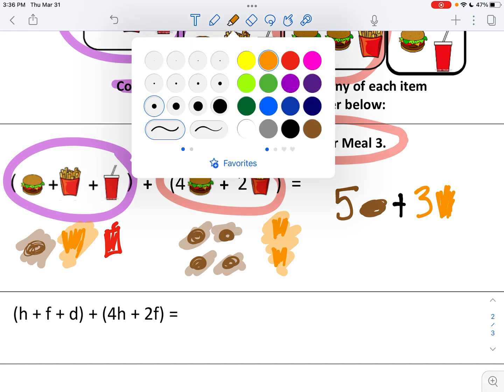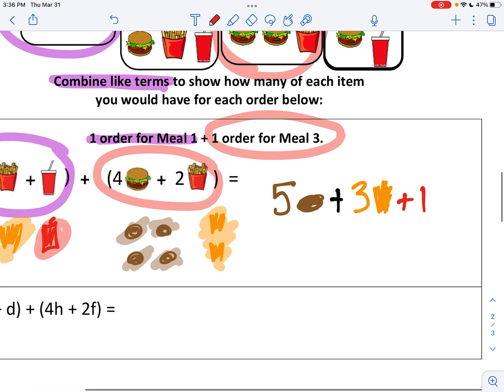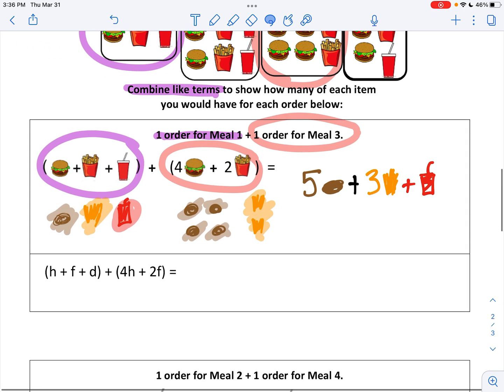And there's still something else hanging out here in the first one, and a drink. Plus 1 drink. Or if you didn't want to have that 1 in front, it could be like this. Awesome. So if I have those two, there it is in picture form. 5 burgers plus 3 fries plus 1 drink.